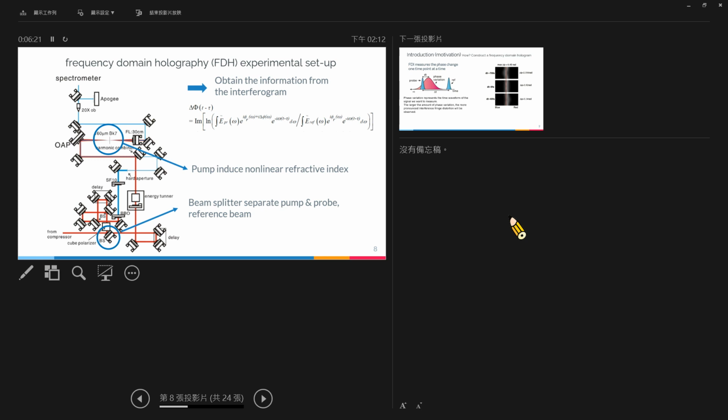The probe pulse and reference pulse will go here and split again, becoming the probe and the reference, with a time delay, and go up to here, where they combine with the pump pulse and get to the medium here, which, as I have mentioned, will induce a nonlinear refractive index because of the pump. Then it will go to the spectrometer back here, and I can obtain the information from the interferograms. By using this equation, I can get the temporal phase difference.